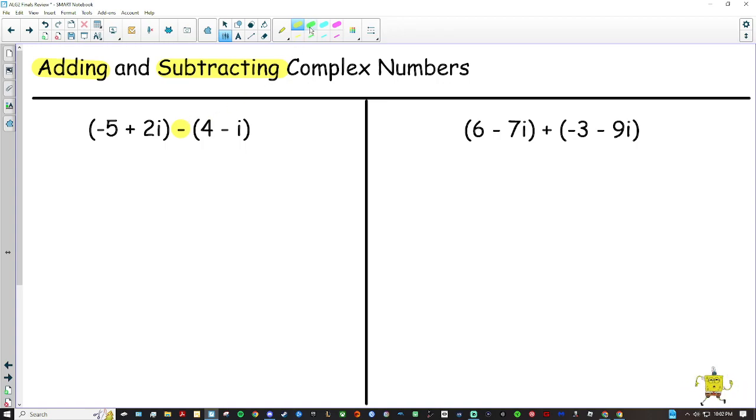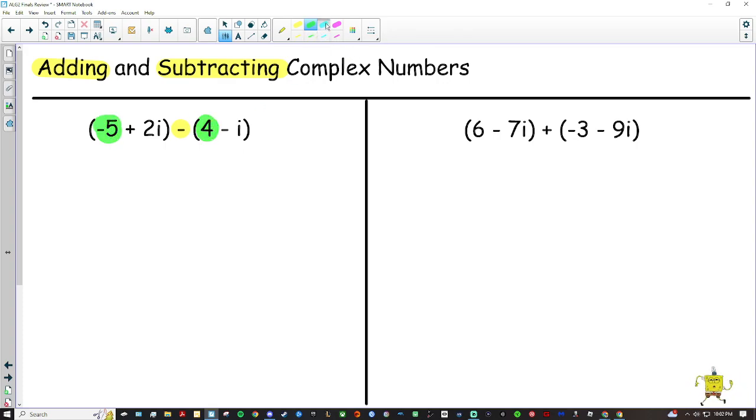Just like terms, we are only ever allowed to add together like terms. We can add real numbers together, and we can add imaginary numbers. Never, ever can you add a real and an imaginary together. So let's go ahead and do it. My real numbers are -5 and 4.